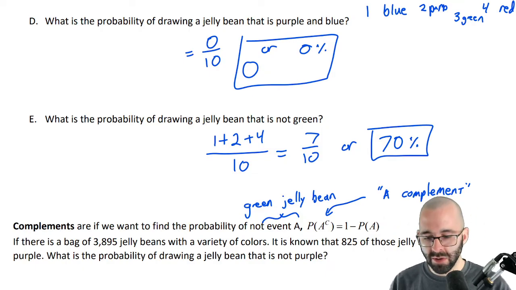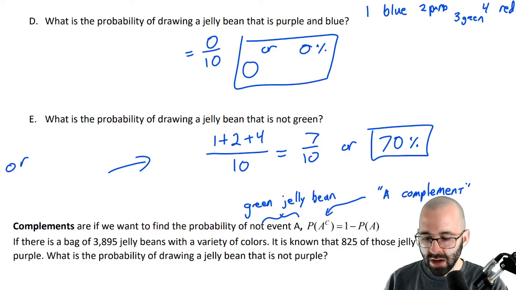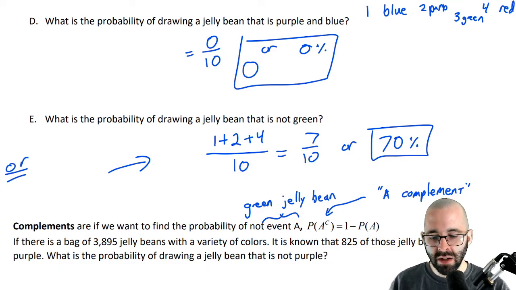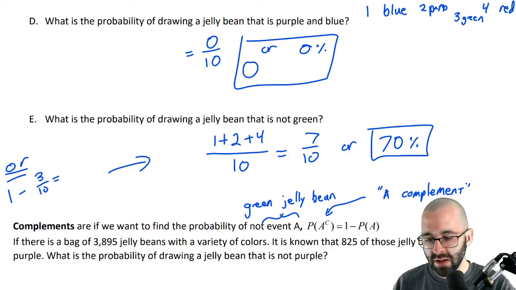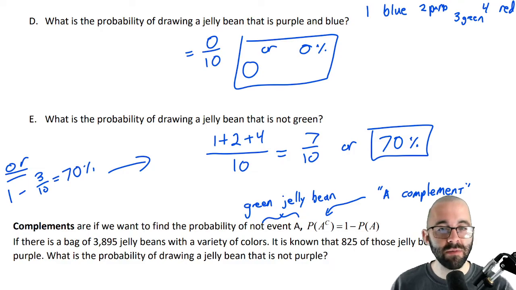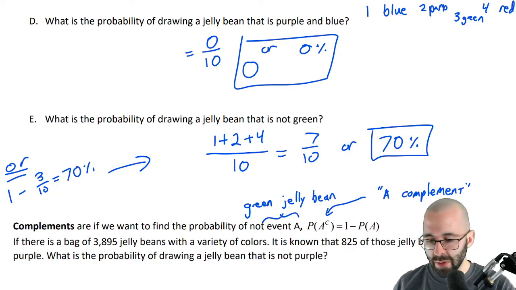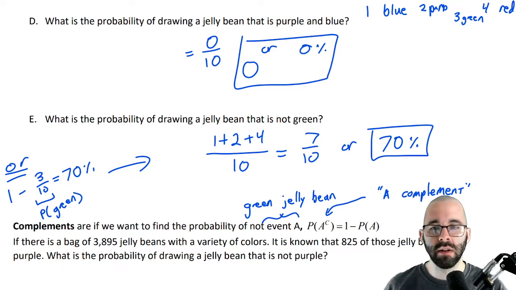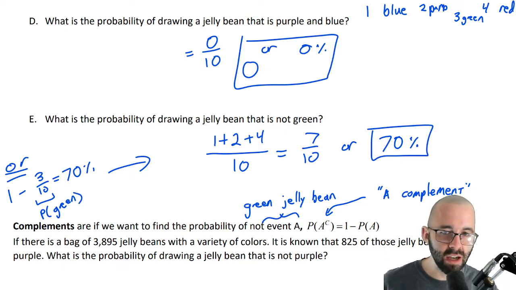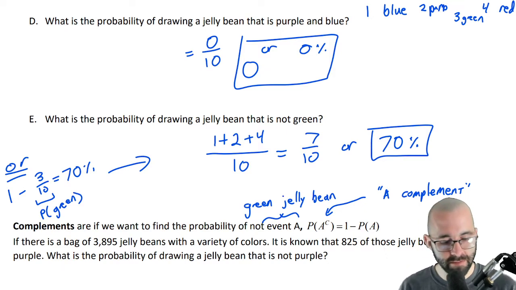So in this one, another way of doing this would just be, what's the probability of getting it green, and subtract that from 1. 1 minus, there are 3 green ones out of 10, is also 70%. Okay? 1 minus the probability of green, P of green, probability of green jelly bean.